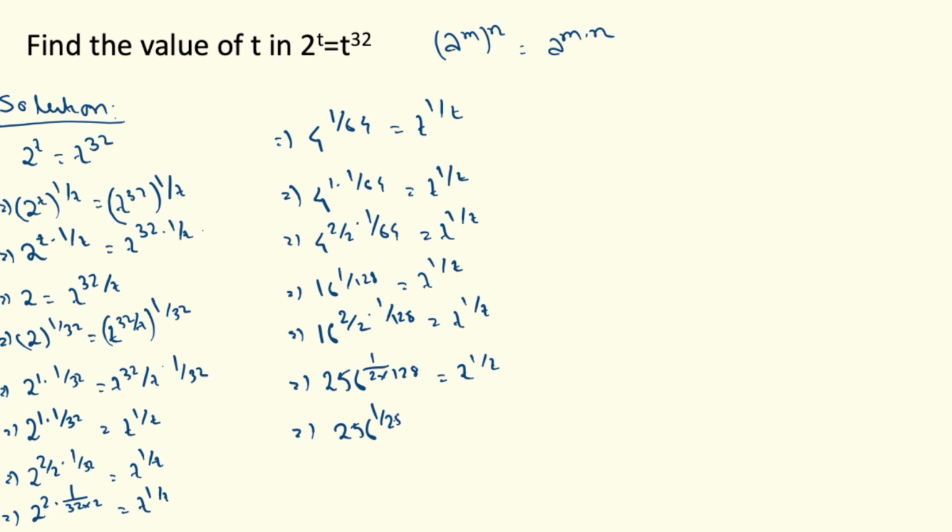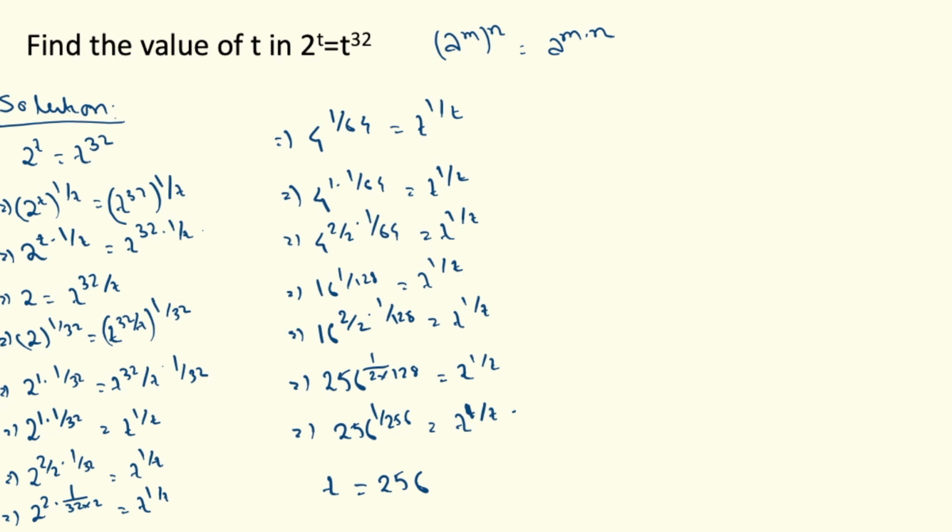So 256 to the power 1 by 256 equals t to the power 1 by t. From this it is clear that the value of t is nothing but 256.